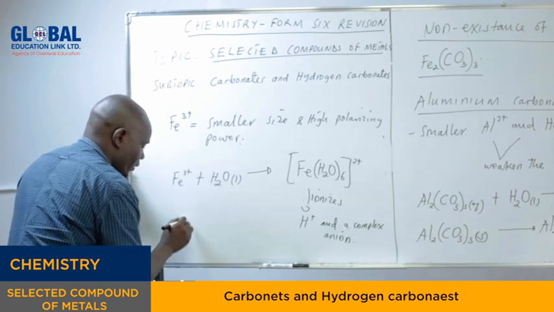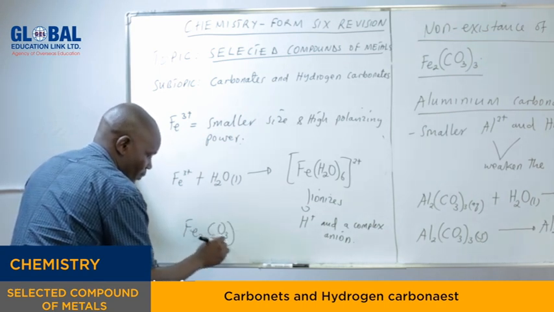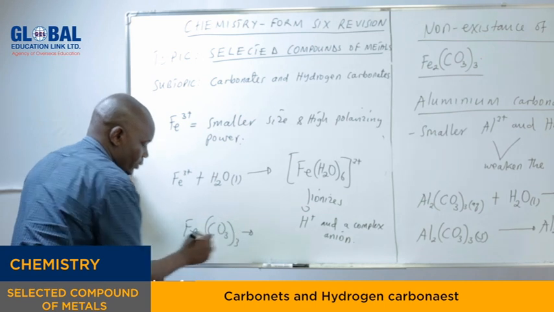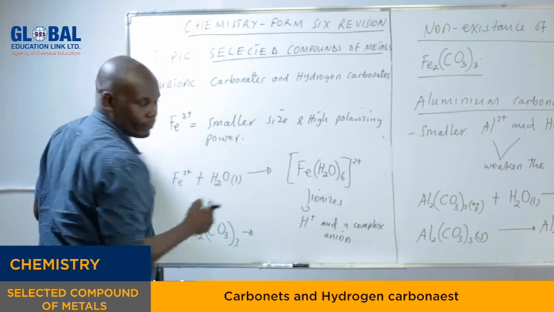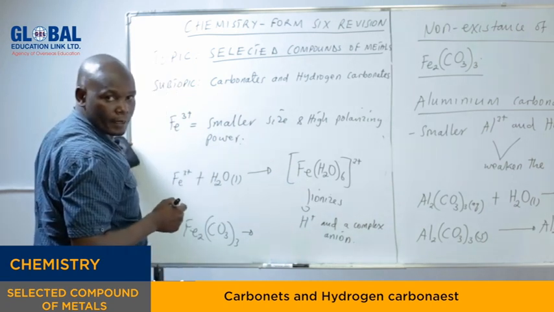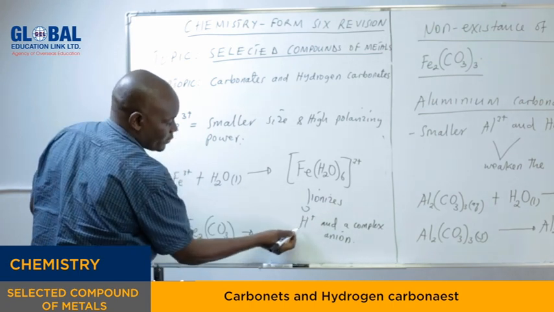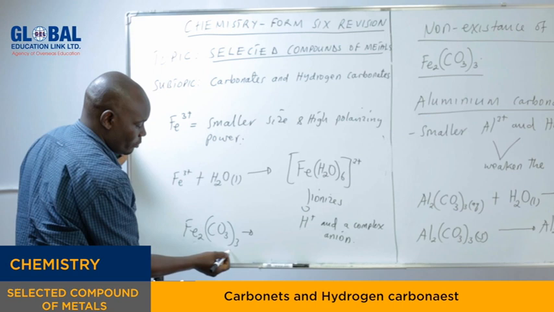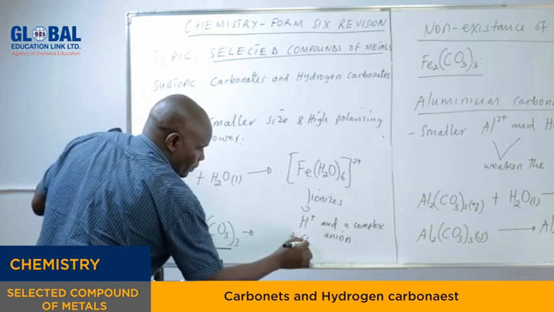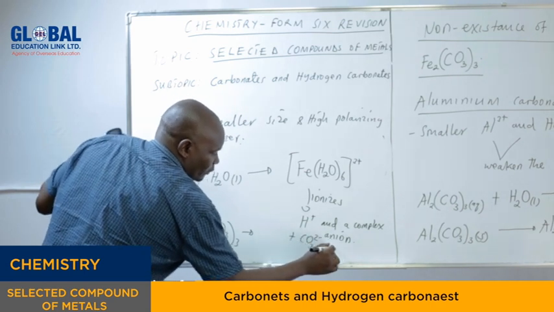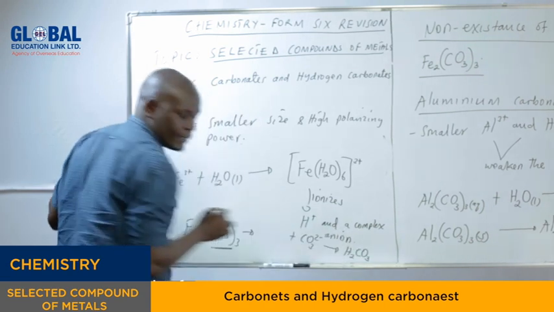Since we have iron carbonate, the iron ion released will combine with water molecules to form the hexaaqua iron 3 complex ion. After ionization, the hydrogen ions released will combine with the carbonate ions and form carbonic acid.